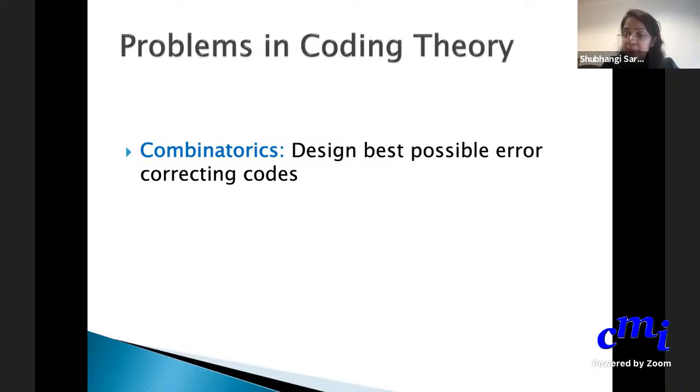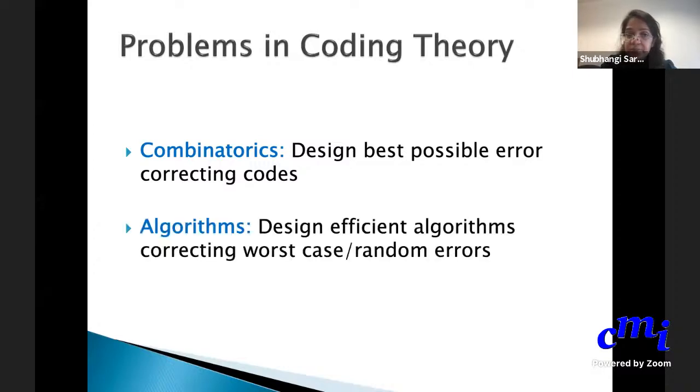And for me, best possible is, if I want the rate to be, say, half, so k goes to 2k bits, what's the best possible distance you can achieve? So what's the best, combinatorially, try to get the best possible trade-offs between the rate of the code and the distance of the code.